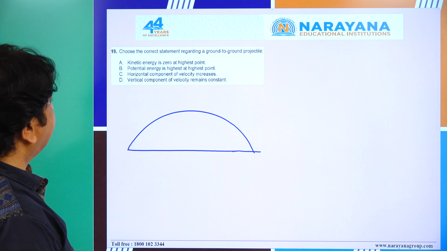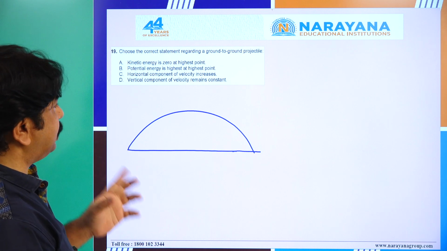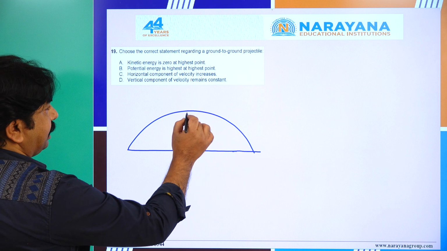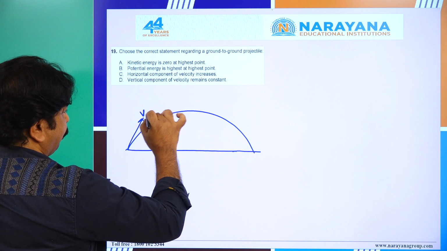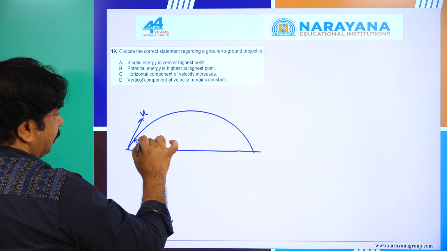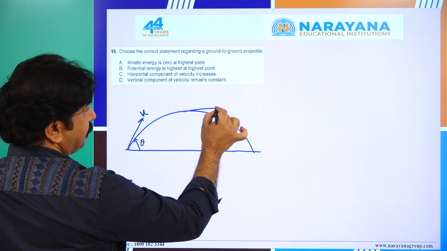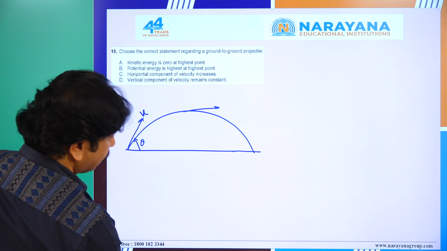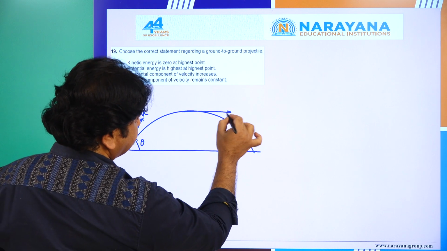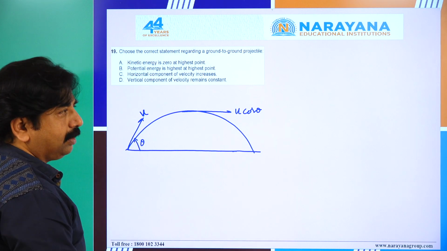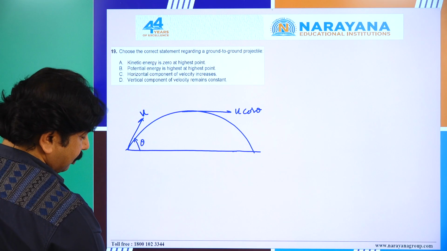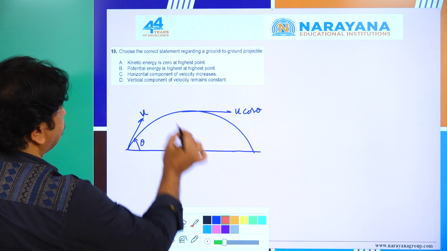Look at the first one. Kinetic energy is 0 at the highest point. If it is projected with velocity u at an angle theta, then at the highest point the velocity is non-zero, and it is equal to u cos theta only. So the first statement is wrong.